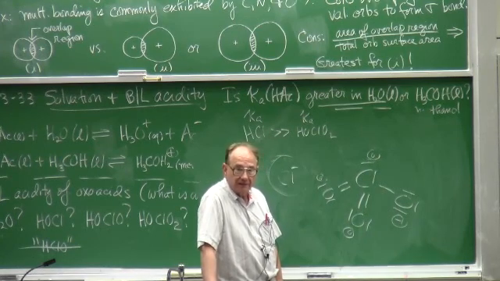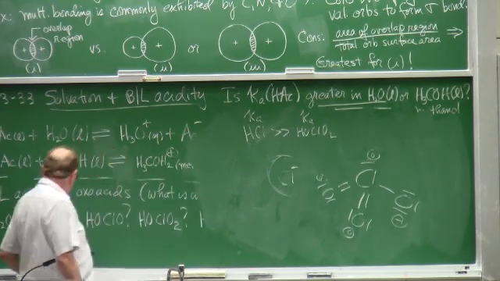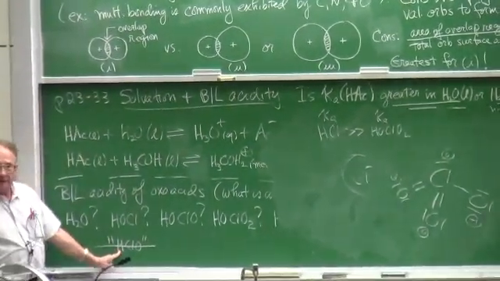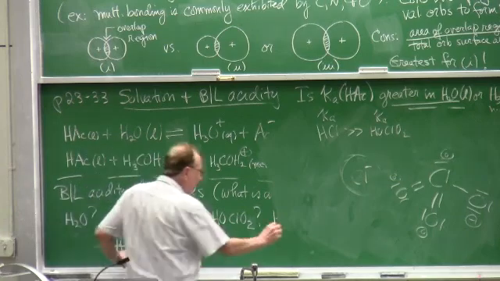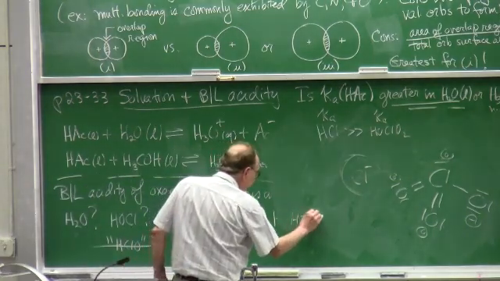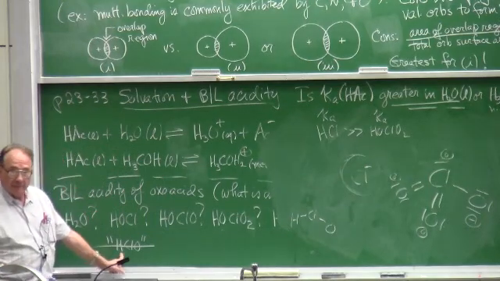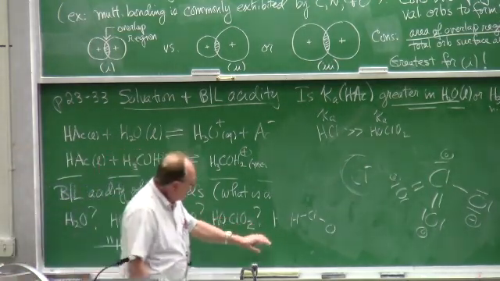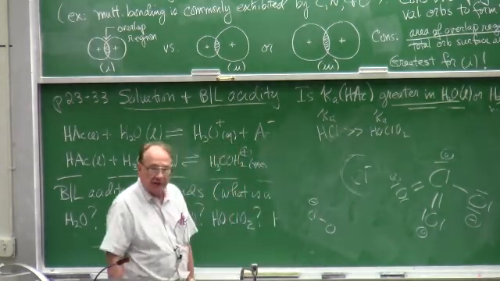Interesting, isn't it? If nothing else, this gives you an idea why, when textbooks write a formula like this, that's horrible. Because if you're going to interpret this formula literally, you'd believe that the bond structure of this molecule is this. And now when H went away, you'd have this minus charge on chlorine.